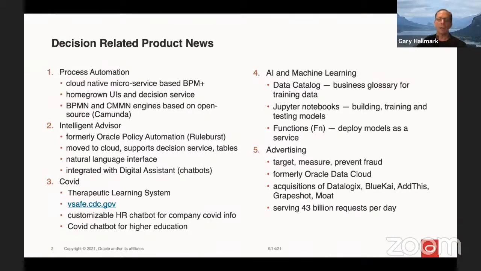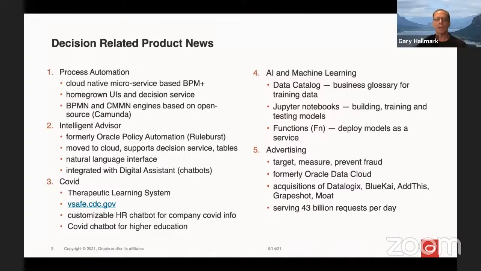There's been a lot of progress in our portfolio in the cloud for AI and machine learning, a data catalog that tracks where your training data is coming from, which is very important for building models. And then a lot of open source, again, Jupyter notebooks for building and training and testing models, and the functions project for deploying models as a service.